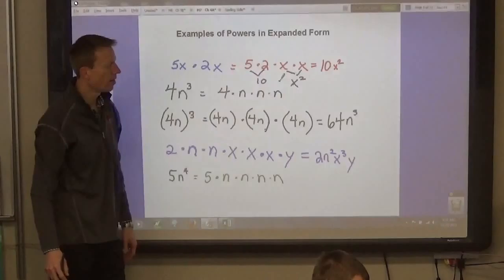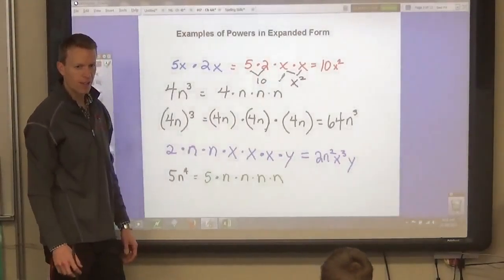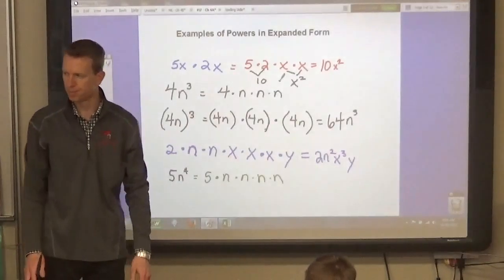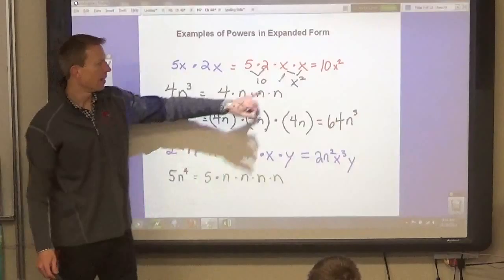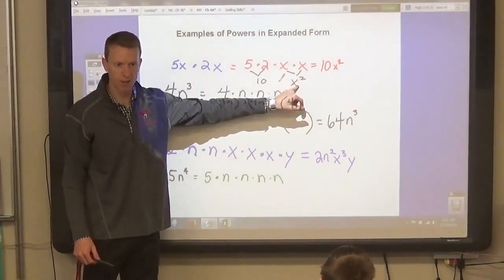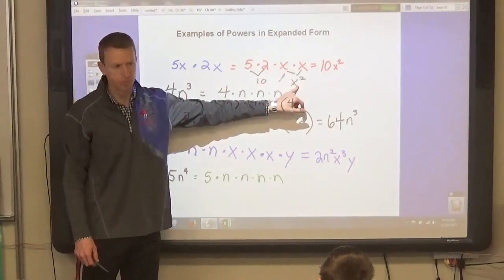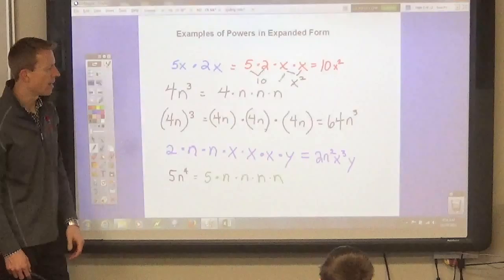So it's 10x squared. Do you follow that? Do you understand where that came from? If x was a number, like 4, then this would be 4 times 4, which is 4 squared, or 16. But since we don't know what x is, we have to just leave it as x.